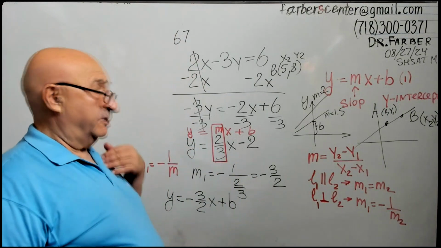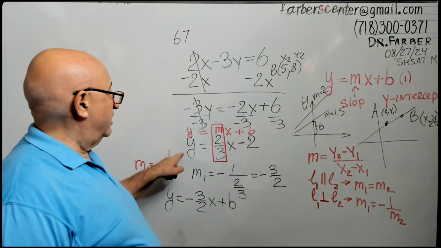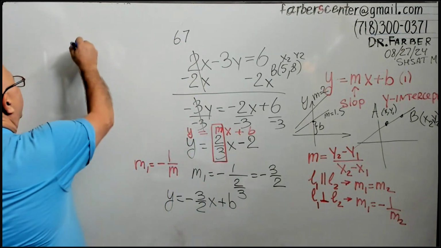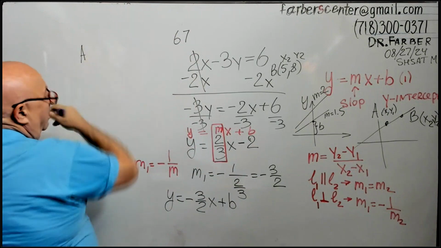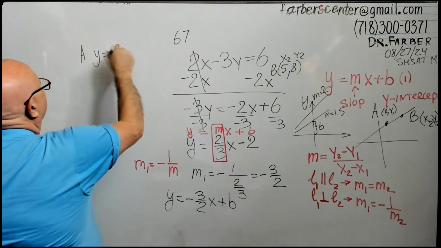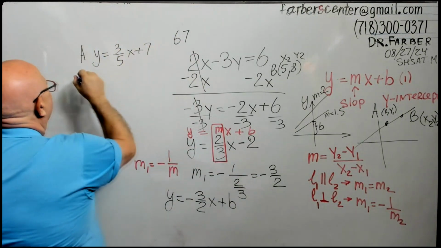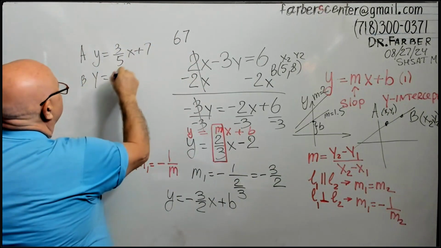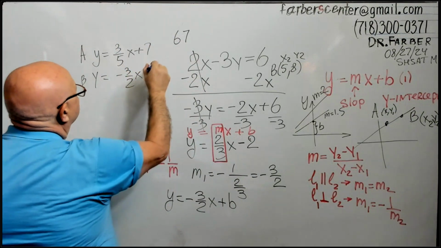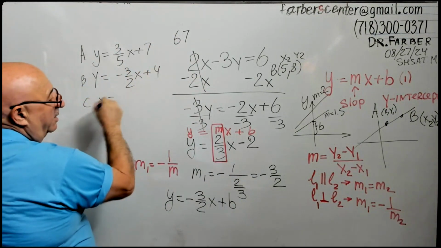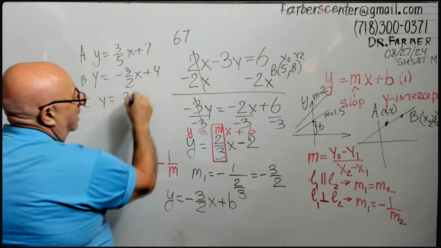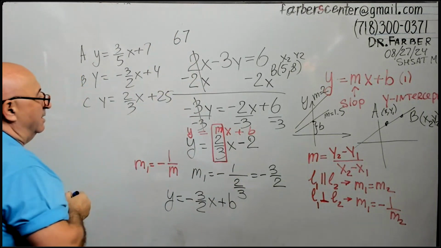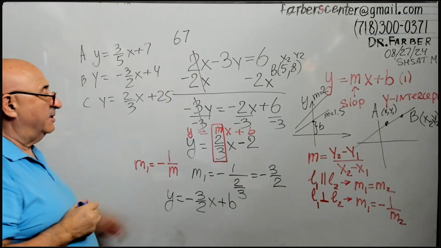Well, when you get this unscrambled and you have multiple choices, let's say A, y equals 3 over 5x plus 7, B, y equals -3 over 2x plus 4, C, y equals 2 over 3x plus 25, etc. And they ask which line is parallel to this line.